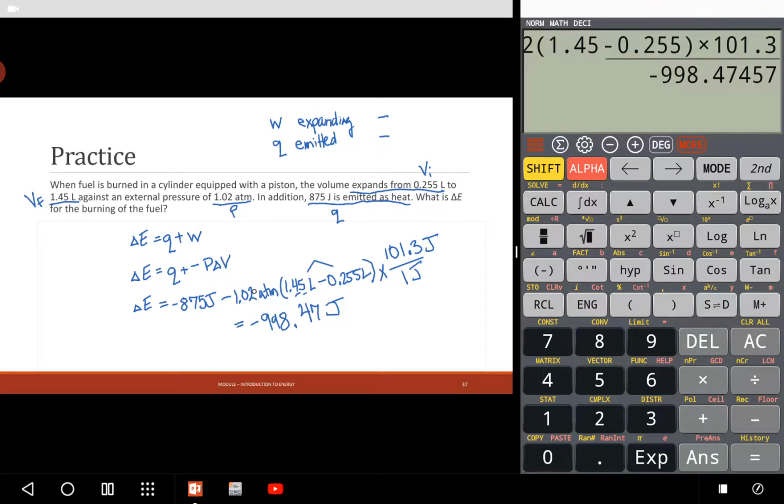The subtraction here, that's only significant to the ones place. So let's see, that's 3. And then we'll multiply it by that, and that's also going to be a 3 sig fig number. So we're going to round to 3 sig figs here. And so that's negative 998 joules.